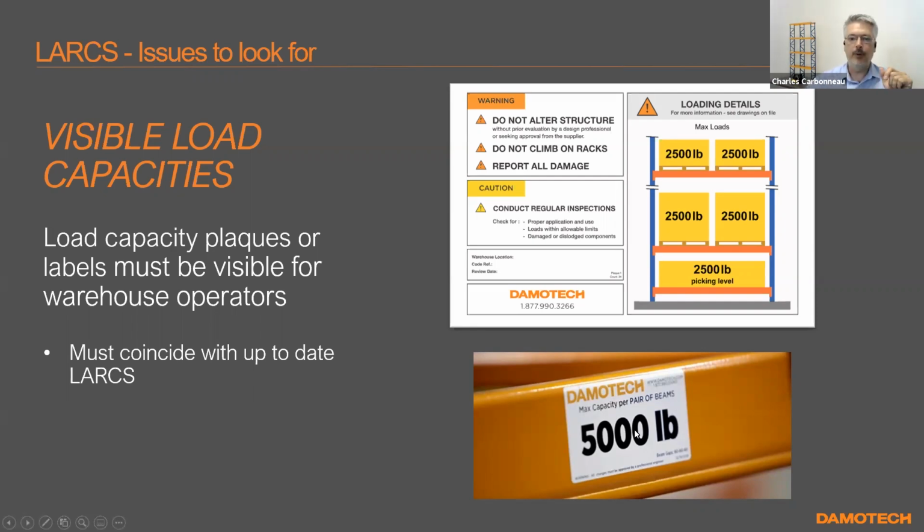So that's the picture on the bottom. We can see the max capacity per pair of beams is 5,000 pounds. And at the very bottom right, we're saying what the beam gaps are. So this is really interesting because you look at the label and you can check if it matches the beam gaps that you see out there, right? And so there's no engineer stamp on this, but of course it should match the LARCs.